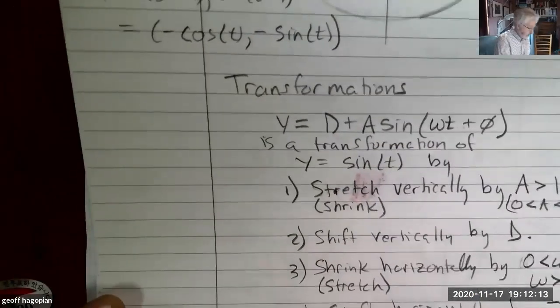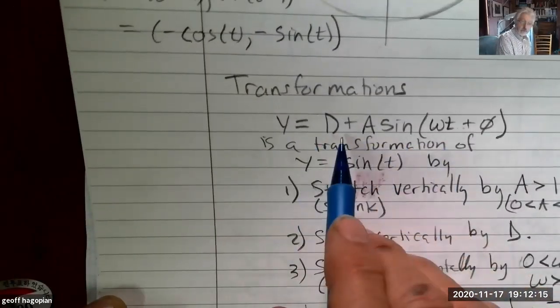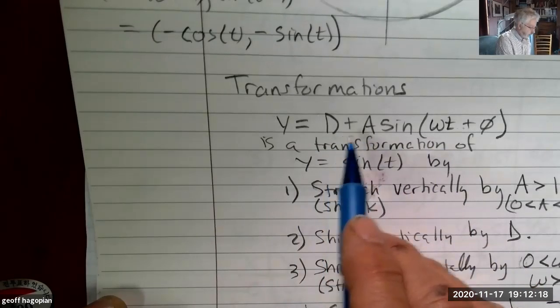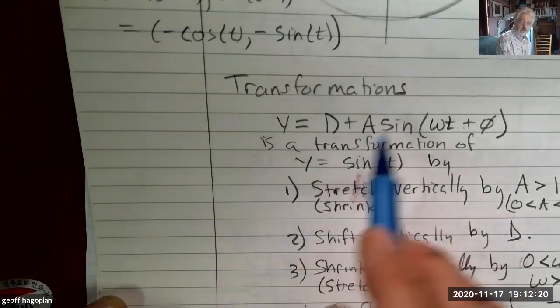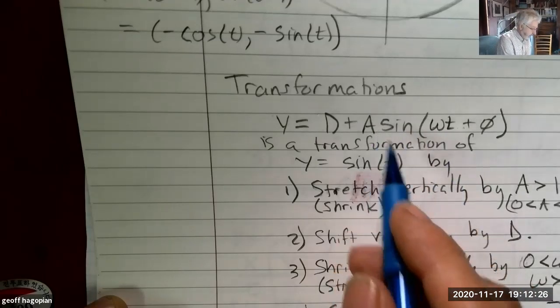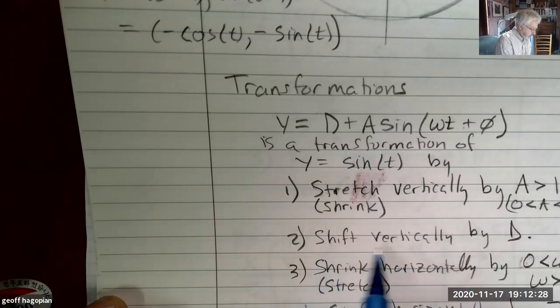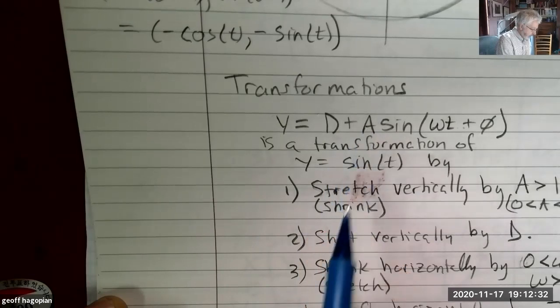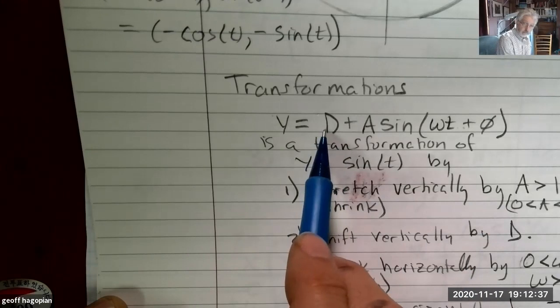Okay. So transformations. So you have the generalized transformed sinusoid function, which is what? You've got a horizontal or vertical, sorry, stretch or shrink by a factor of a, and a vertical shift by d, right?